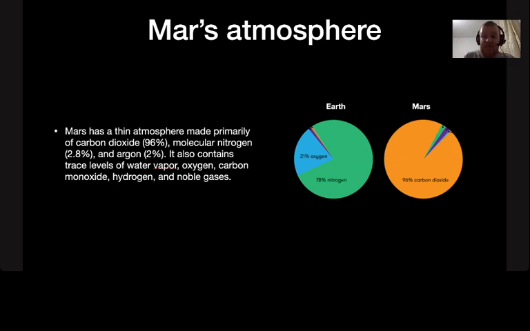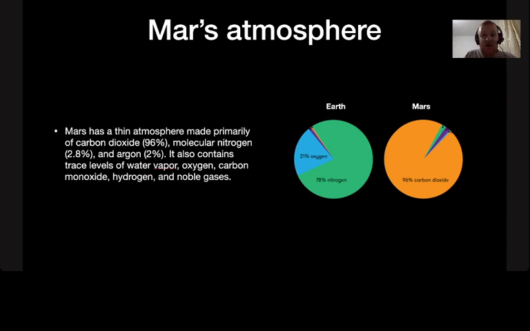So most of Mars's atmosphere is just carbon dioxide, which is actually not good for humans. Of course it does have a tiny bit of oxygen and some water vapor, but no physical water on the surface. But it's not good to support life on Mars.